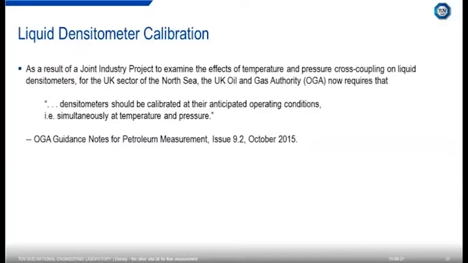And as a result of a joint industry project which NEL led on behalf of the Oil and Gas Authority, well, the predecessor, in fact, we came to the conclusion that densitometers should be calibrated at their anticipated operating conditions, i.e. simultaneously at temperature and pressure. And that's now embedded in the OGA guidance notes.